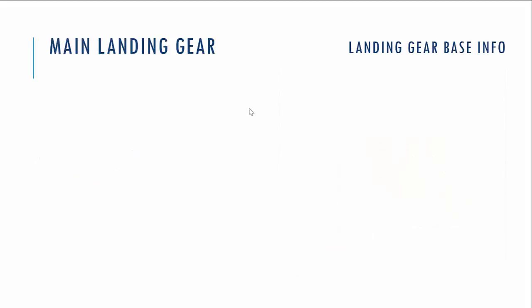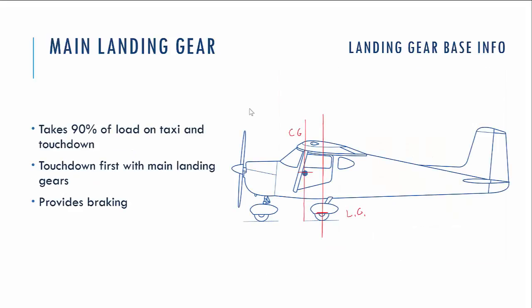Need to say that the main landing gear takes about 90% of load on taxi, and actually 100% of loads on touchdown. So the center of gravity of the airplane is placed very close to the position of the main landing gears, and they are constructed in a way to keep most of the load. The front landing gear is not intended to keep too much load.